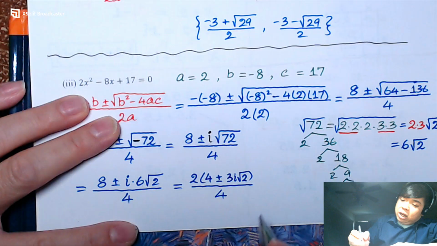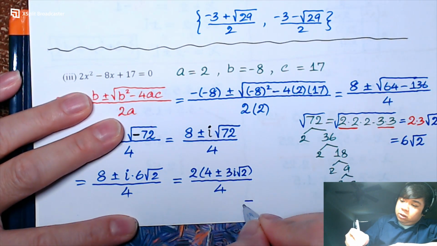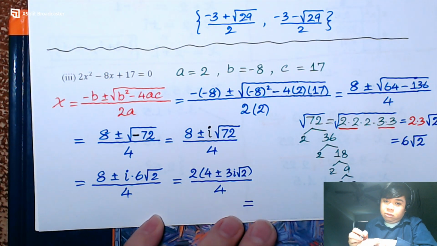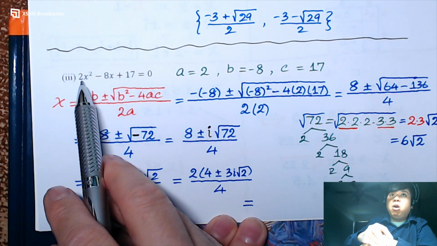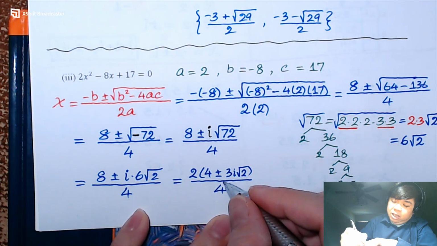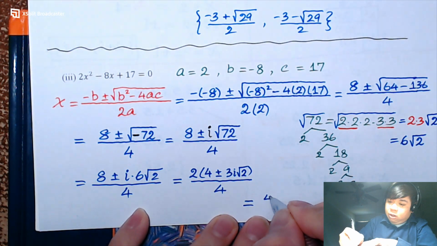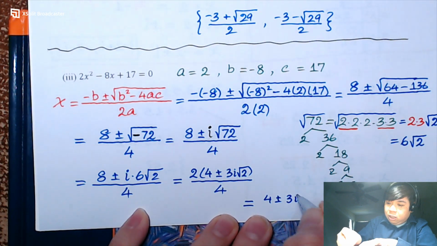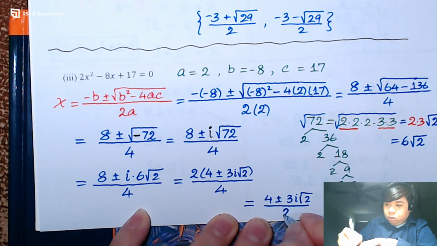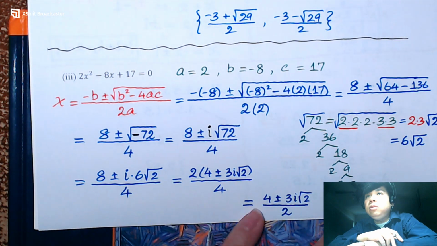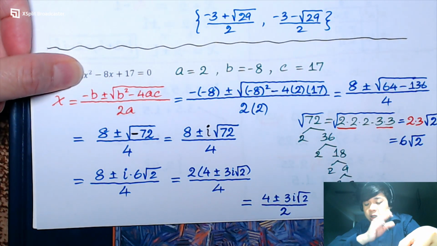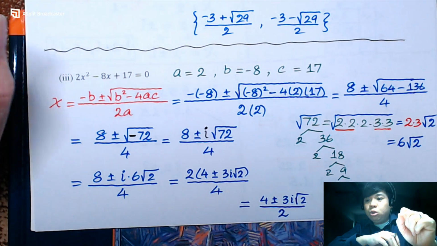And the 2 and 4 cancel out. The problem would be nicer if there's no 2 here, but nevertheless, we have 4 plus or minus 3i square root of 2 over 2. Regardless, that's the solution.